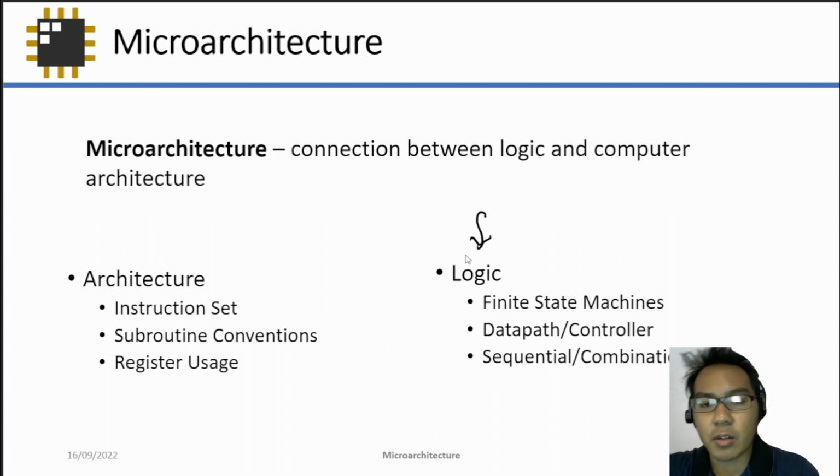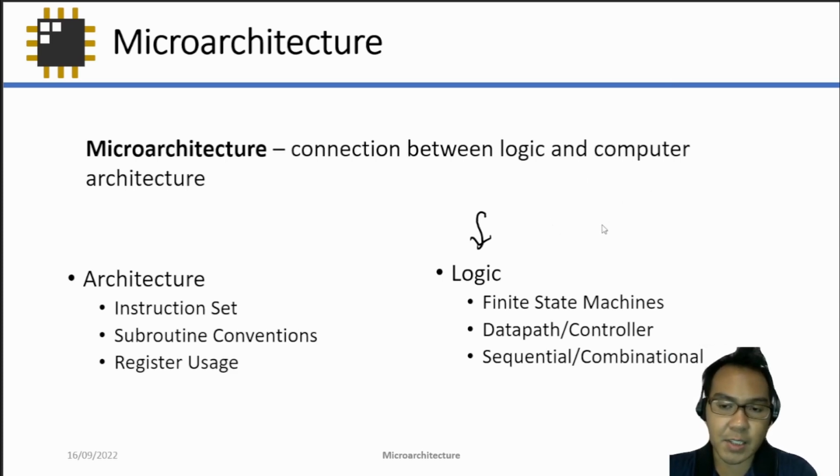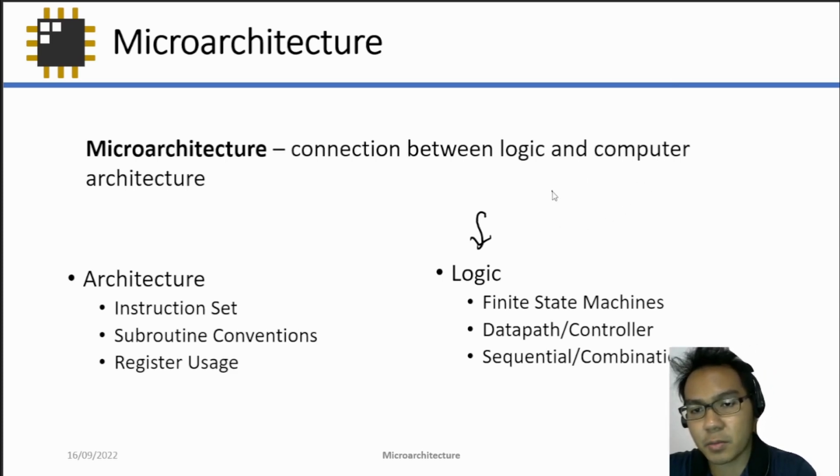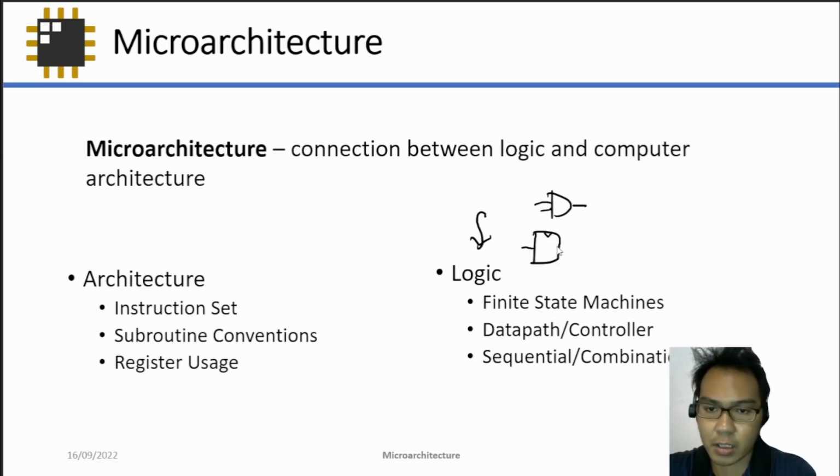So, what is logic? Logic is the familiar stuff that we've seen in our previous classes. It's the stuff that's connected with your gates and how you create them. Basically, the combination of, say, registers and gates are what we have as logic.